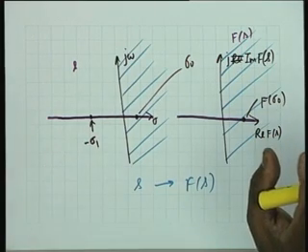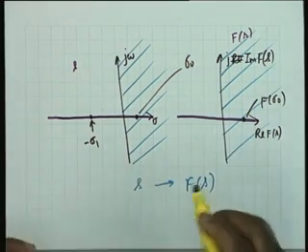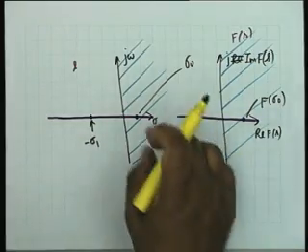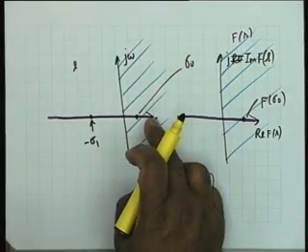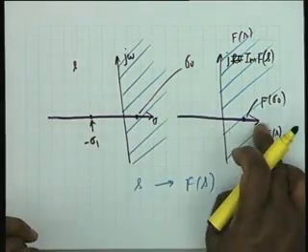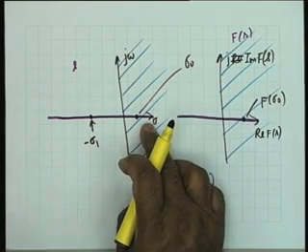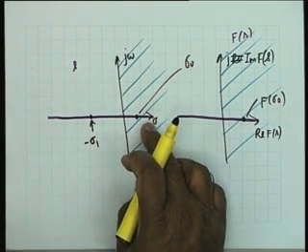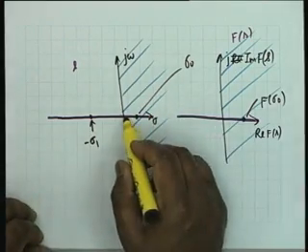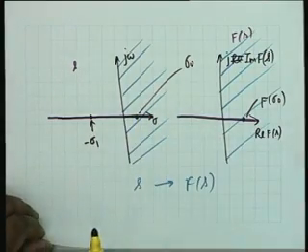So why not? Because the definition only says that if real part of s is non-negative, then real part of f of s is non-negative. It does not say what will happen if real part of s is negative. It only puts a constraint on the real part of s non-negative.